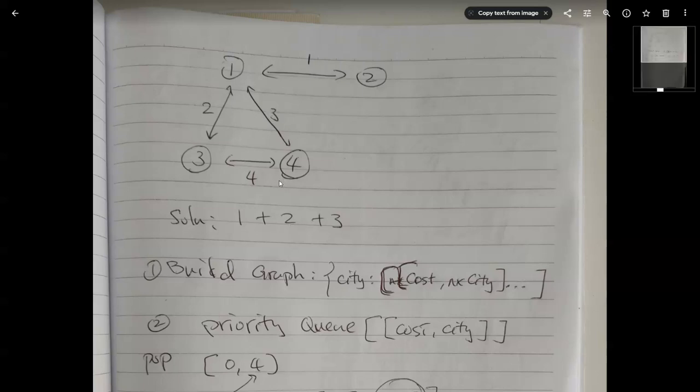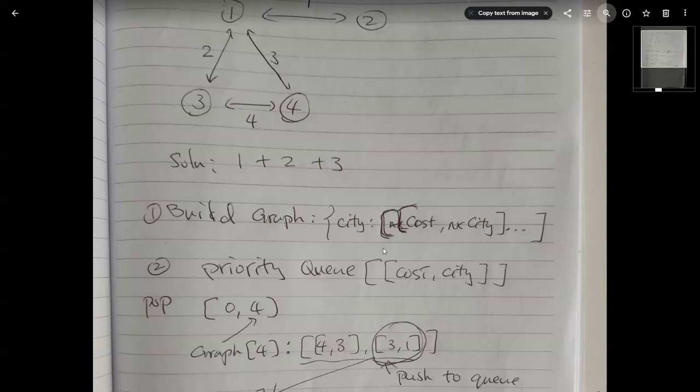Again, we will use a priority queue to solve this problem, with the priority, or the weight, being the cost to build connections. The first step is to build a graph. I built it using a dictionary, the key being the city and the value being a list. The first element is the cost to build the connection, and the next element is the city that we are connecting to.